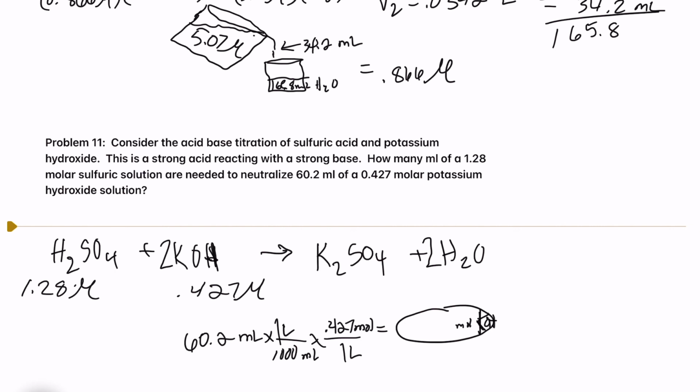I'm giving you a second here to calculate that. And ideally, to 3 sig figs, you'd have 0.0257 moles of potassium hydroxide is what you are currently dealing with.